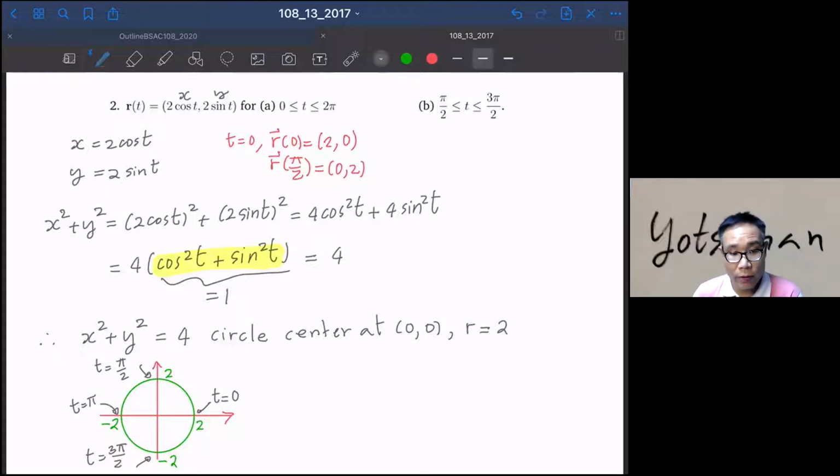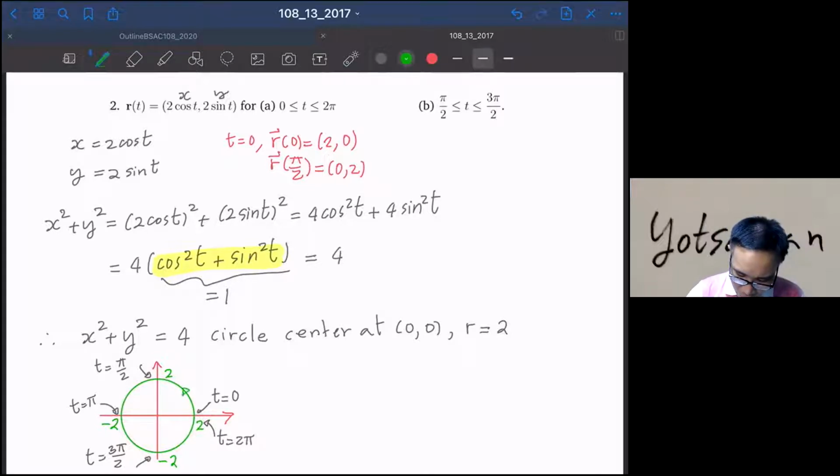These are the points on the x and y axes respectively. With t from 0 to pi over 2, you're moving along the circle until you get a full round. You stop at 2 pi, which is here, so you get a full round.